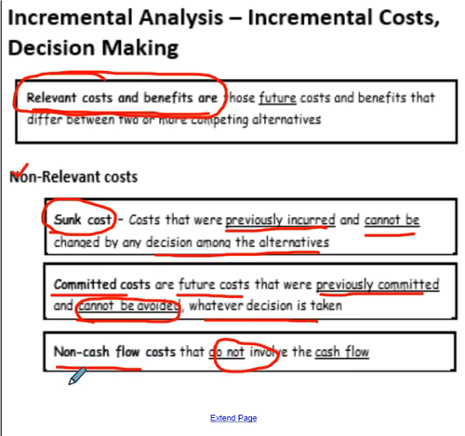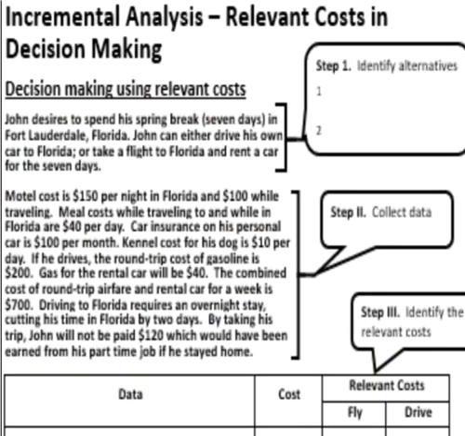So any items that are non-cash flow, such as depreciation or amortization and so forth, are not relevant to the incremental decision process. Okay, now with that information, and there is a lot of definition, you may want to study these last couple of slides, or what you've entered in your workbook. Let's go on and take a look at the next slide.